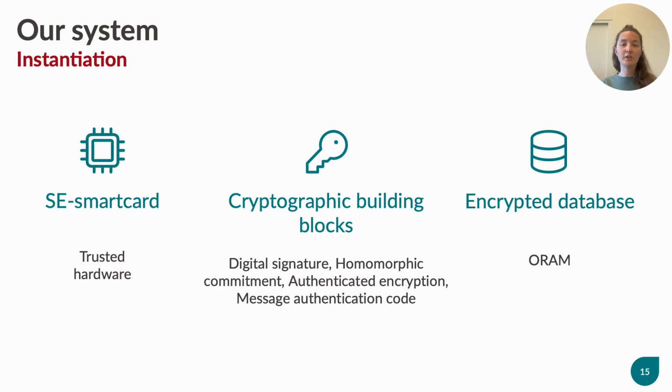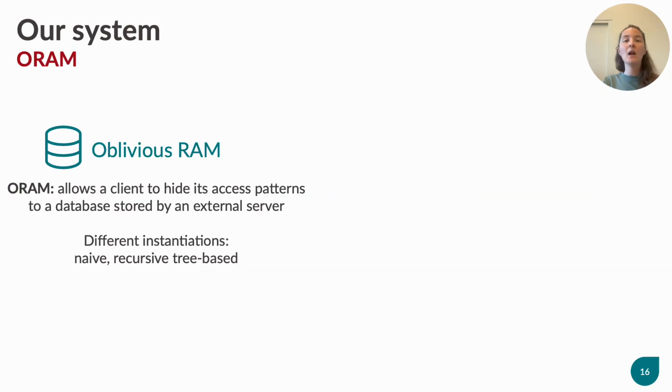To solve these challenges, our system relies on smart cards that are assumed to be a secure element, cryptographic building blocks such as digital signatures, homomorphic commitment, authenticated encryption, and message authentication code, and an oblivious RAM to update the current budget of a household after a transaction has been made. An oblivious RAM allows a client to hide its access pattern to a database stored on an external server.